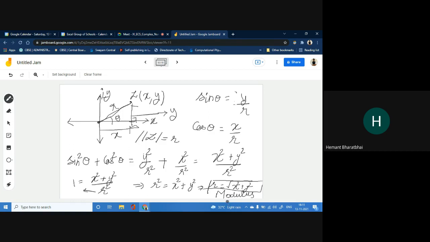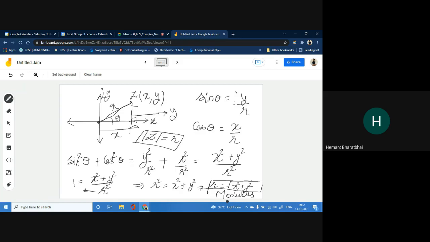Similarly, the modulus of a complex number is r. Please take a screenshot of this. I hope you understood.